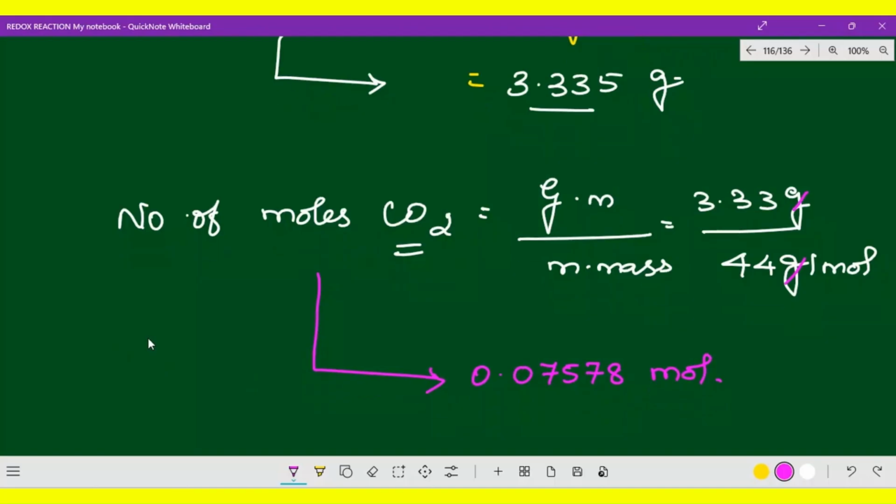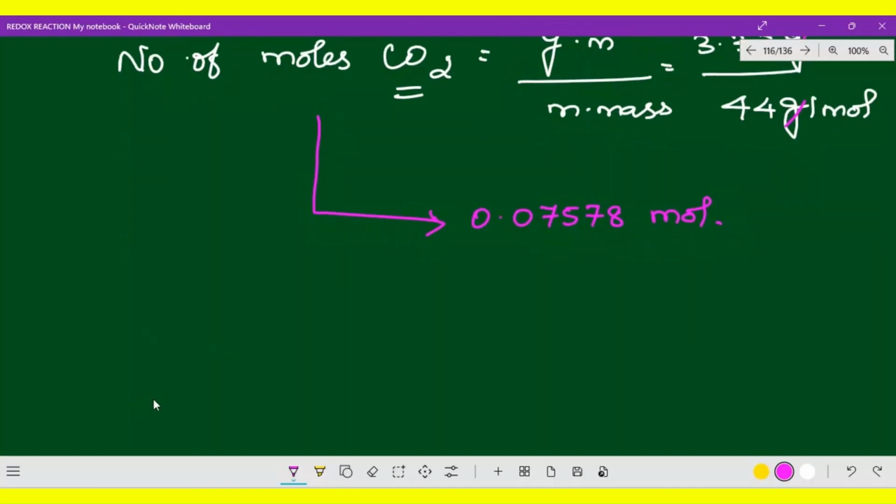Now you have to identify the molar mass of potassium superoxide. The molar mass of KO2 is actually 71.10 gram per mole, right?